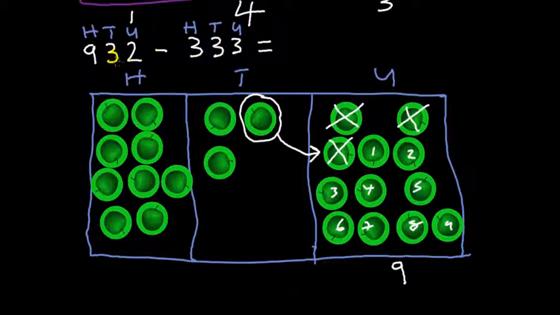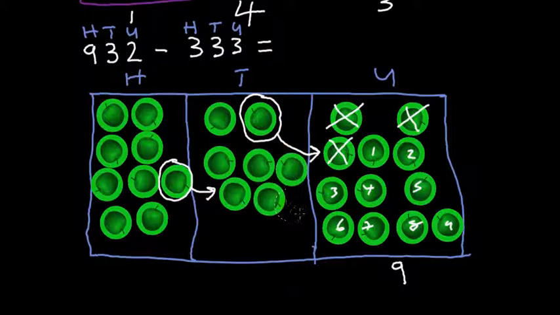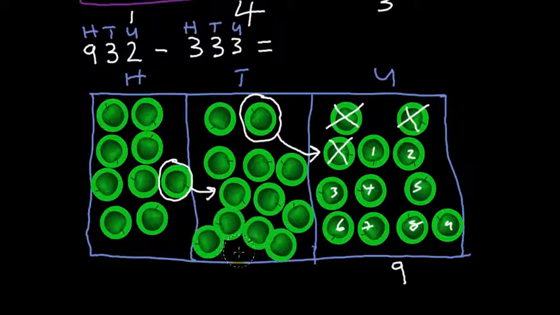Now 3 apples from the tens column. We don't have enough, so we borrow 1 apple from the hundreds column, which means 10 apples come in here: 1, 2, 3, 4, 5, 6, 7, 8, 9, and 10.